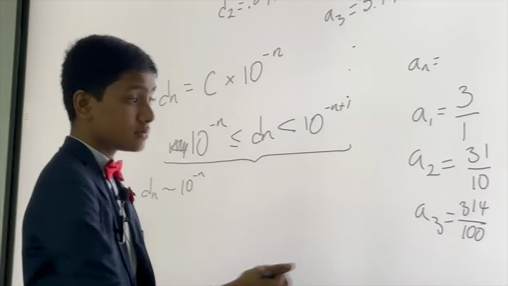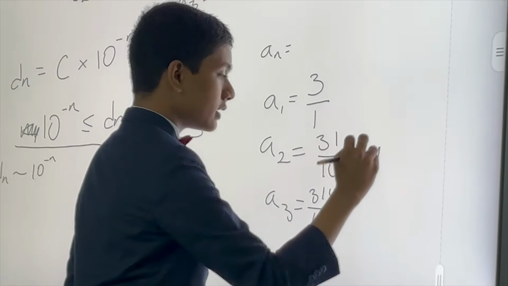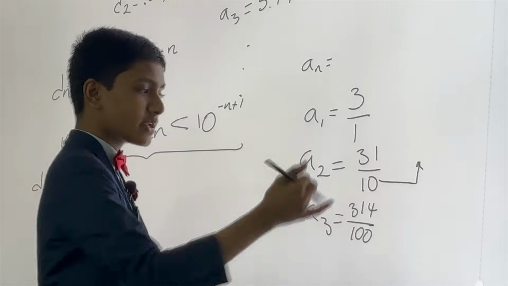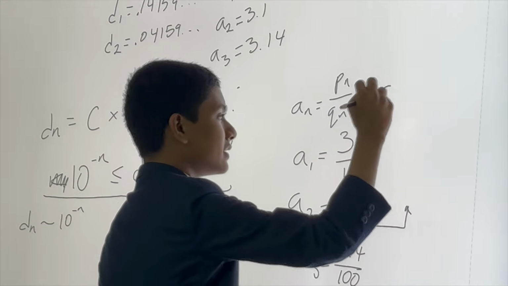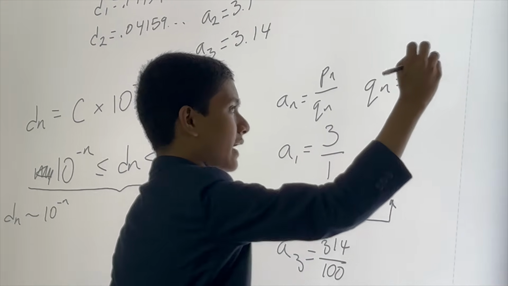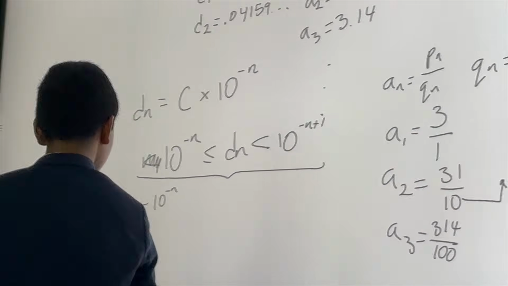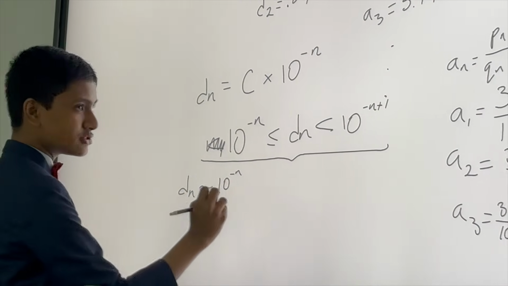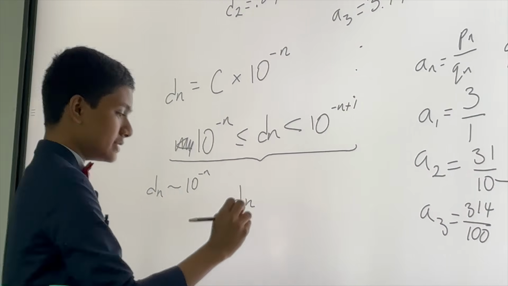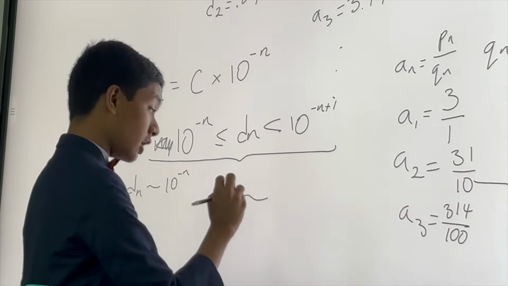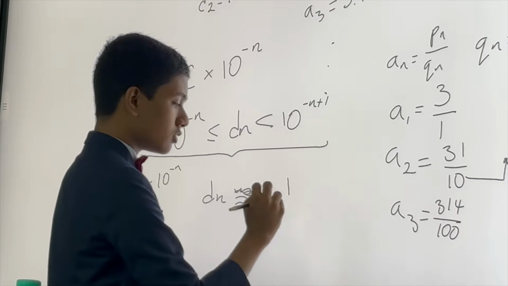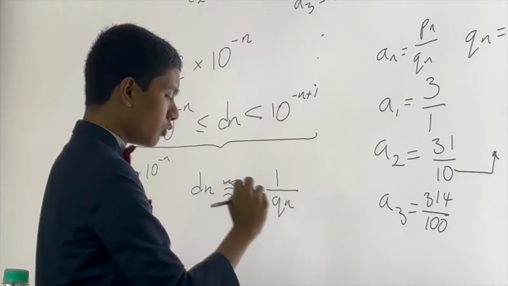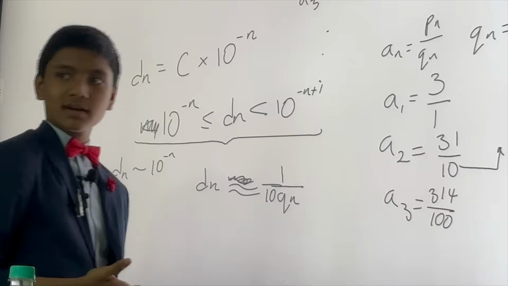And so, if we write a_n as p_n over q_n, q_n is just going to be 10 to the n minus 1. What that's telling us is that the discrepancy is approximately equal to 1 over 10 times q_n.